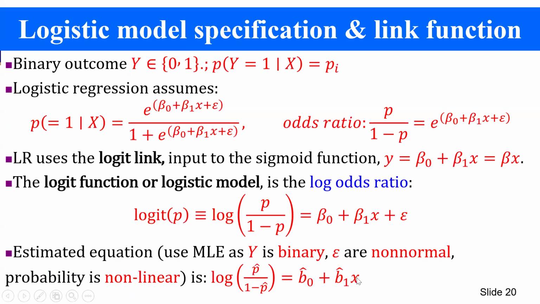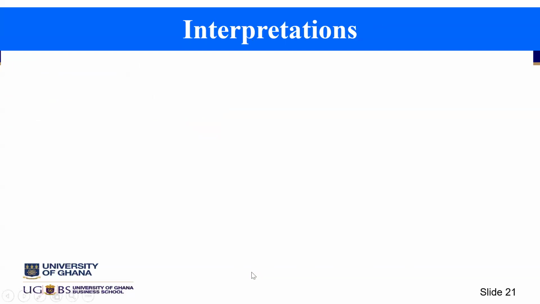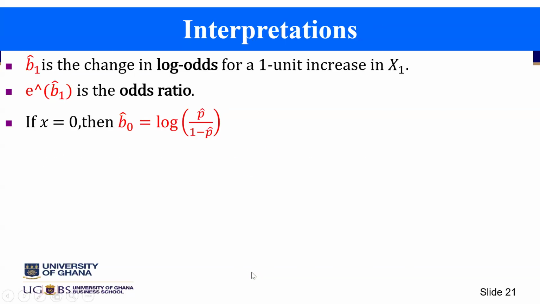If this x is 0, do you realize that we can find beta naught cap? If x is equal to 0, then the whole of this side will be 0. So beta naught cap will be the log of the odds. So you get a log odds ratio. You know how beautiful that is?